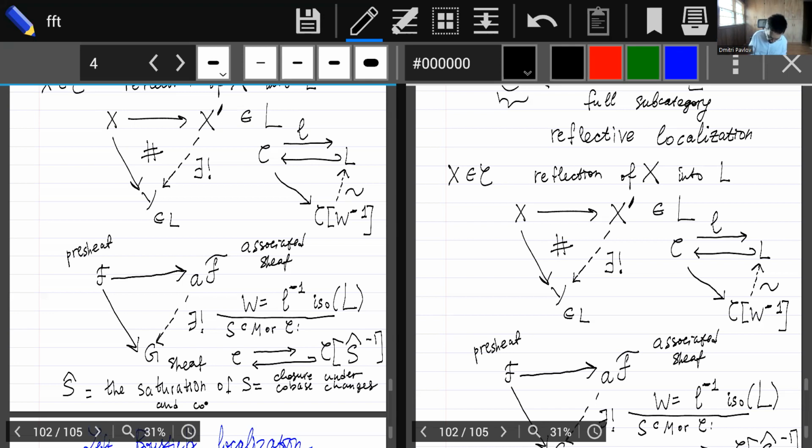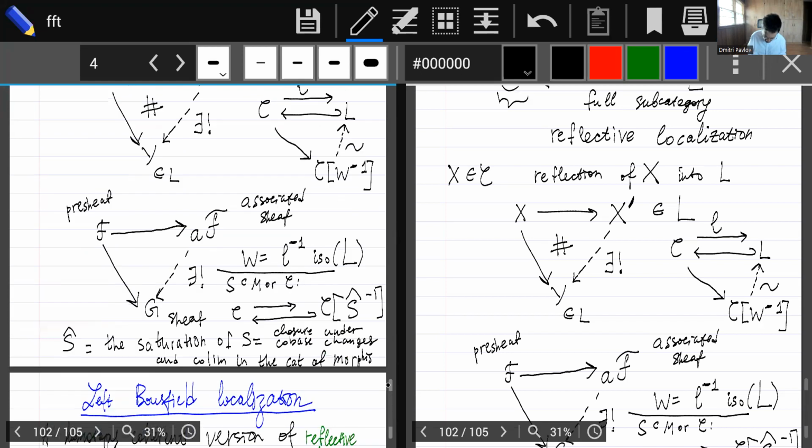and colimits in the category of morphisms in C. So starting with any set of morphisms S, you can saturate S under these two operations, and you get a bigger class, which need not be a set anymore even, and you can take the category of fractions, and this will be a reflective localization.